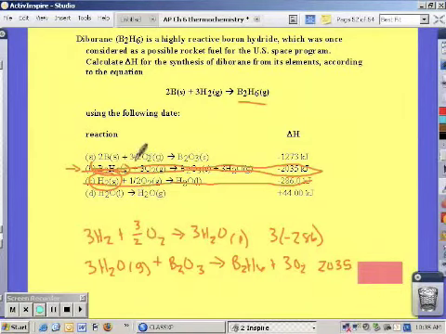So we have 3/2 oxygen, 3/2 oxygen. That adds up to give us 3, and we have 3 oxygen on the product side. But my waters, I need 3 waters in order for it to cancel out. So I need to multiply that whole equation by 3.